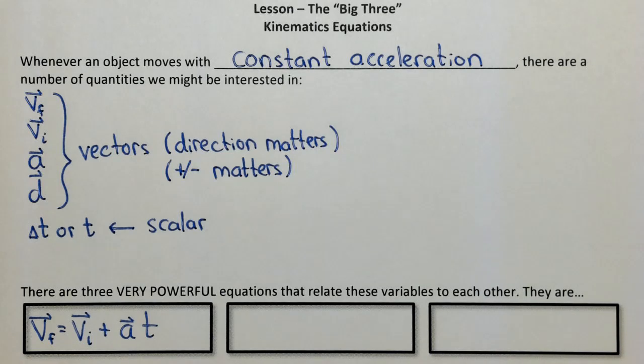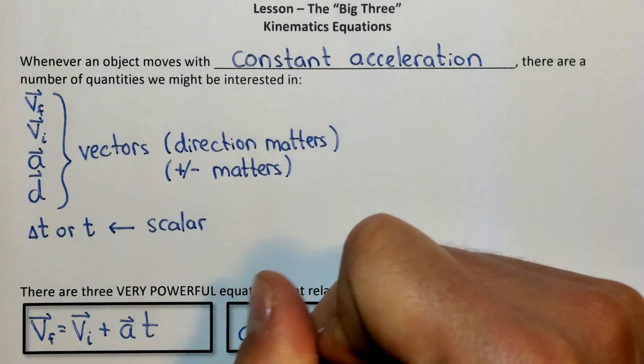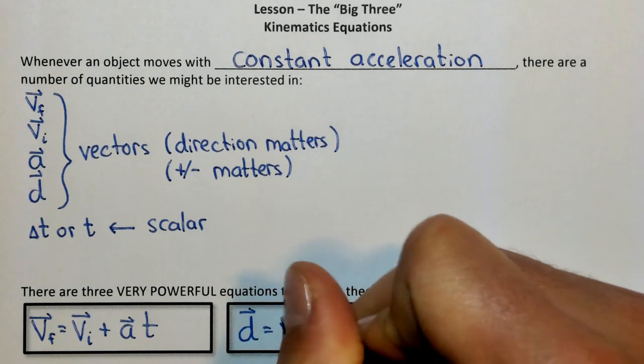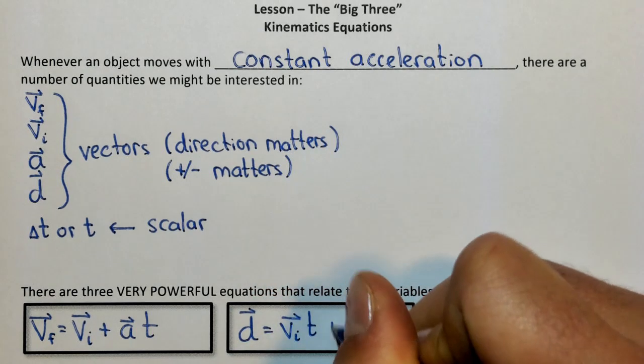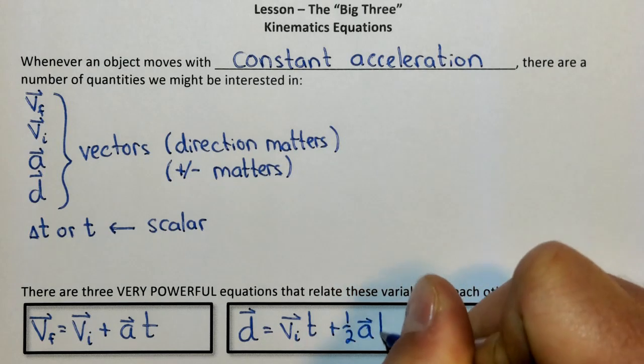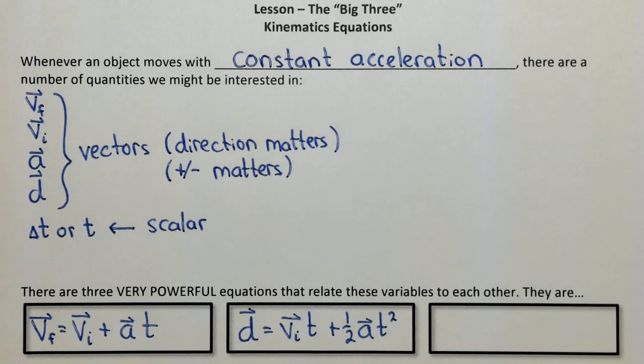The next equation is D equals VI T plus 1/2 A T squared. So this equation for displacement, we can think of this for now, if we're not being too particular, as how far an object goes.